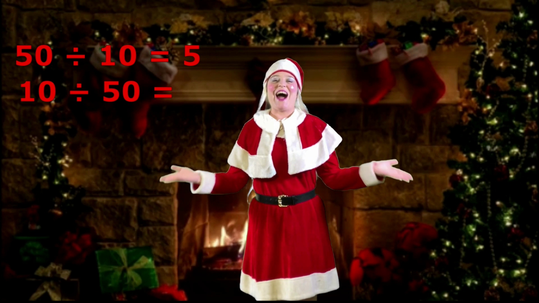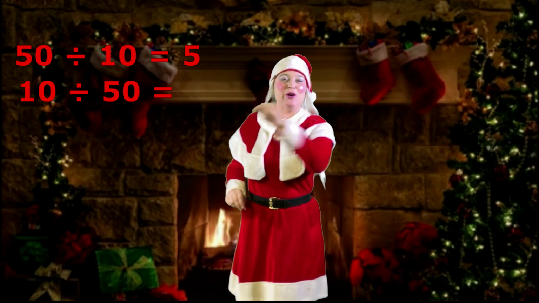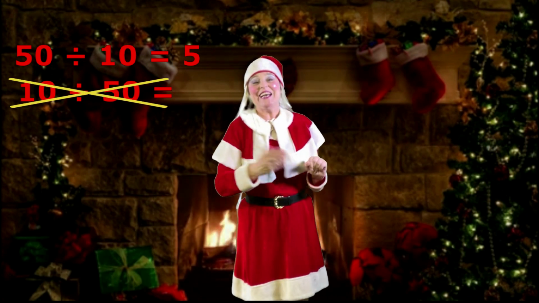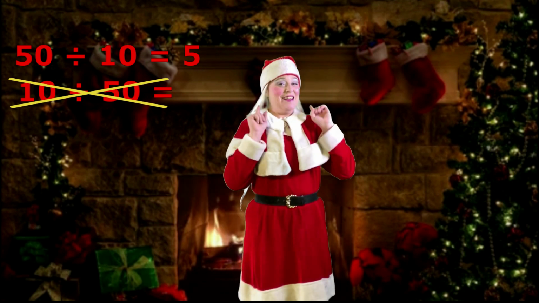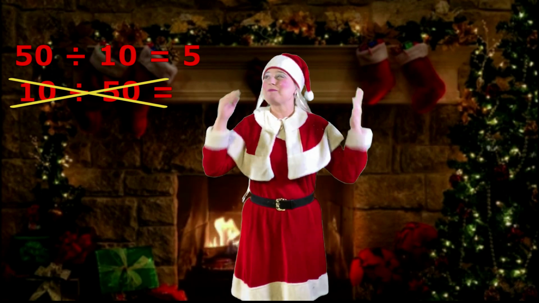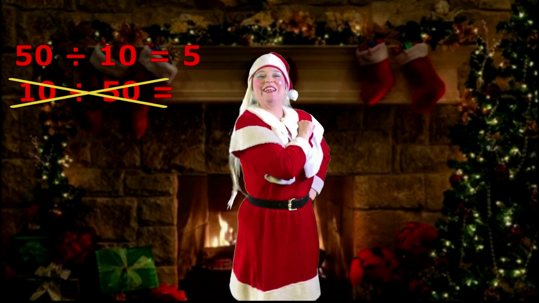I didn't fool you, not even a tiny bit. You remembered that you can't flip the numbers around in division the way you can in multiplication. Division has to start with the larger number. How very clever you are. Well done.